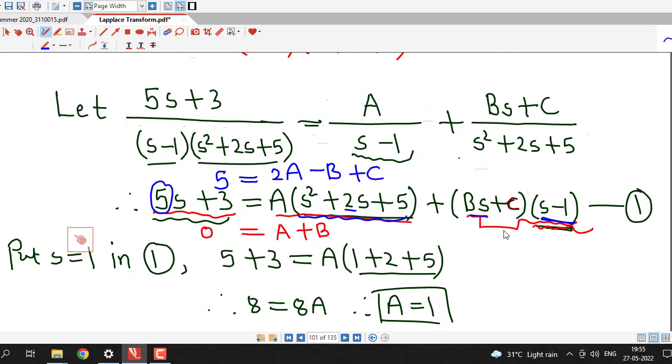So coefficient of s from last term is minus b plus c. We can understand in this way, bs multiplied with s minus 1 will give us bs square minus bs, that is coefficient of s is minus b. Similarly, c into s minus 1, cs minus c, so coefficient of s is c. So now we can write this.